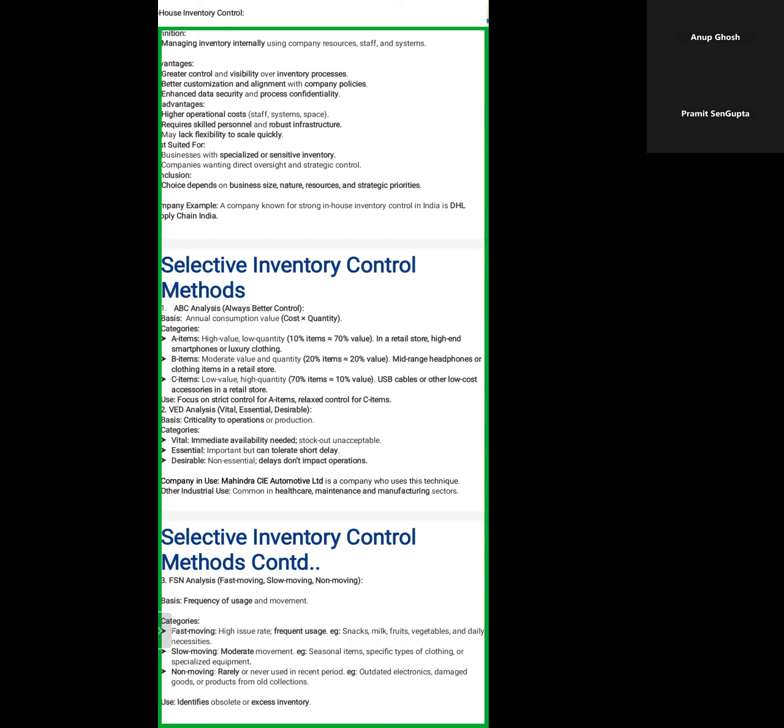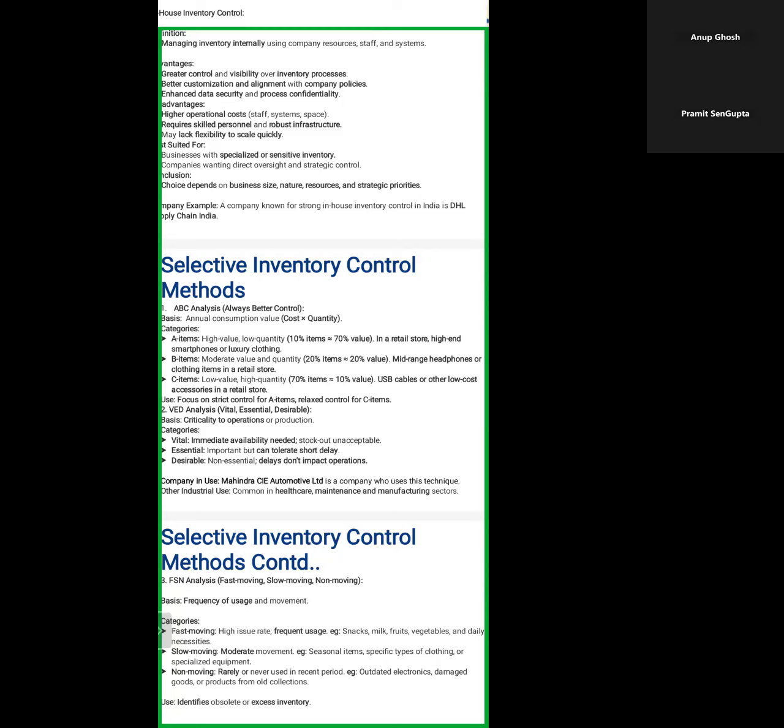We come down to the next category, which is the type C category. It has almost 70 to 75% of items in store, but valuing up to only 10 to 15%. That is the last category.